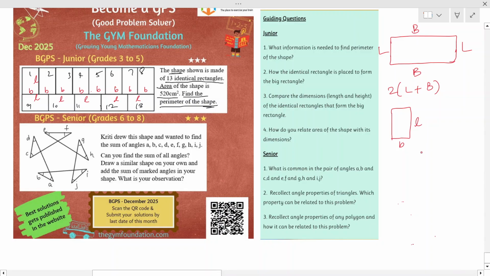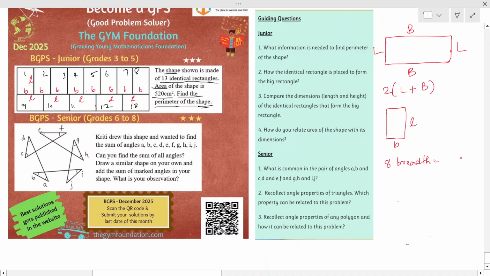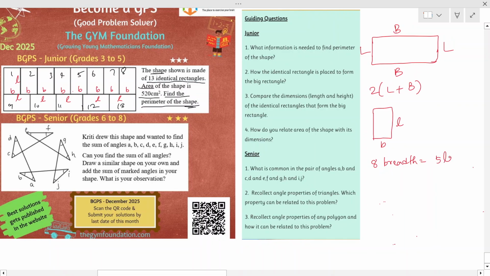That is what the question is asking us to find next: how many breadths? If I see 8 breadths, you can write it as 8 times the breadth of the small rectangle is equal to 5 times the length of the small rectangle. That is how it is placed.